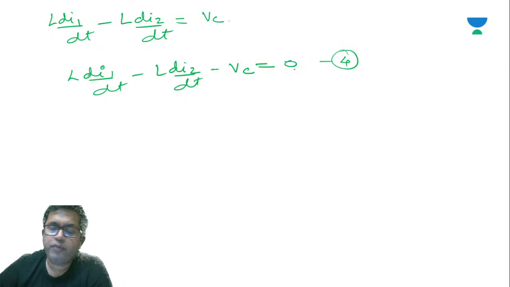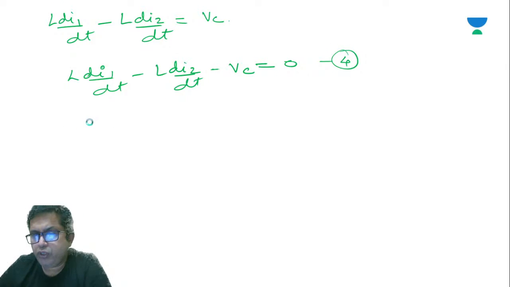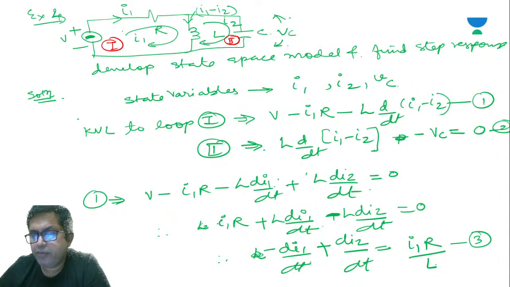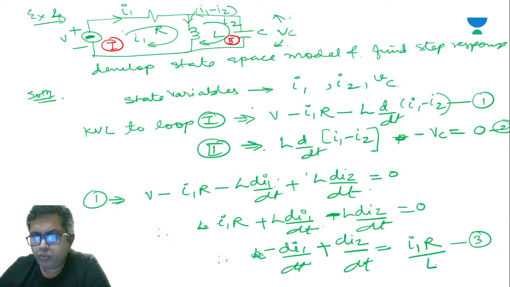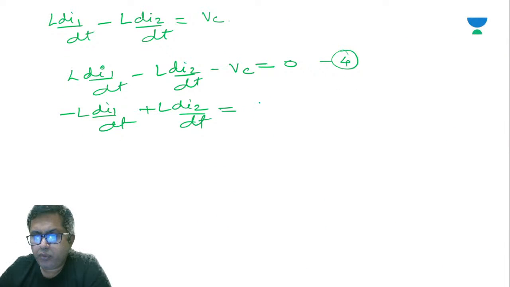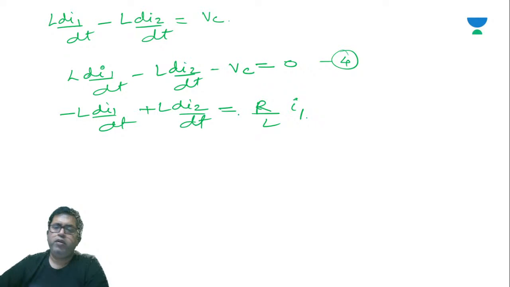This is 4. I will write down equation 3 once again here. Minus L dI1 by dt plus L dI2 by dt is equal to R by L into I1.